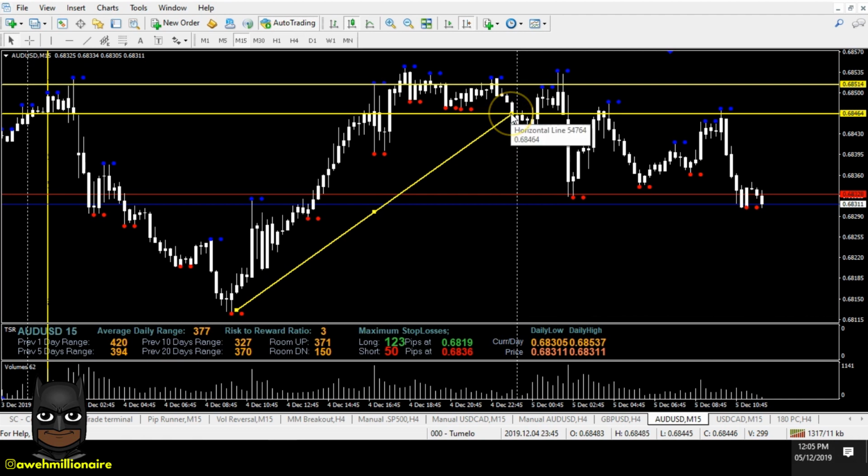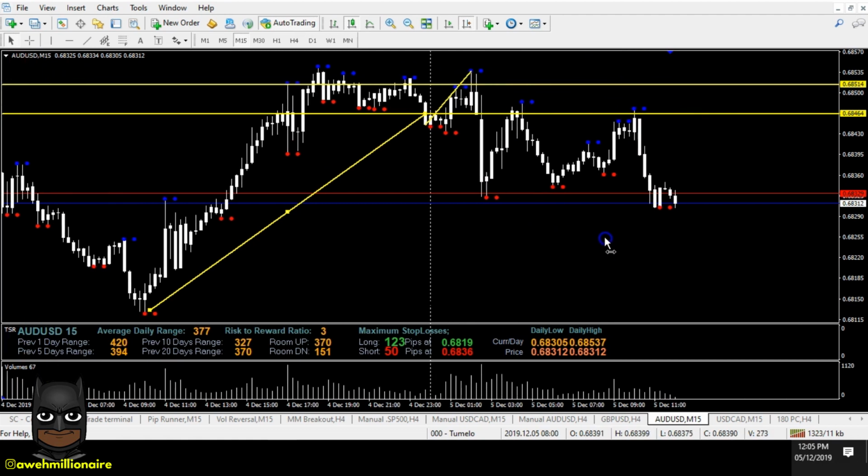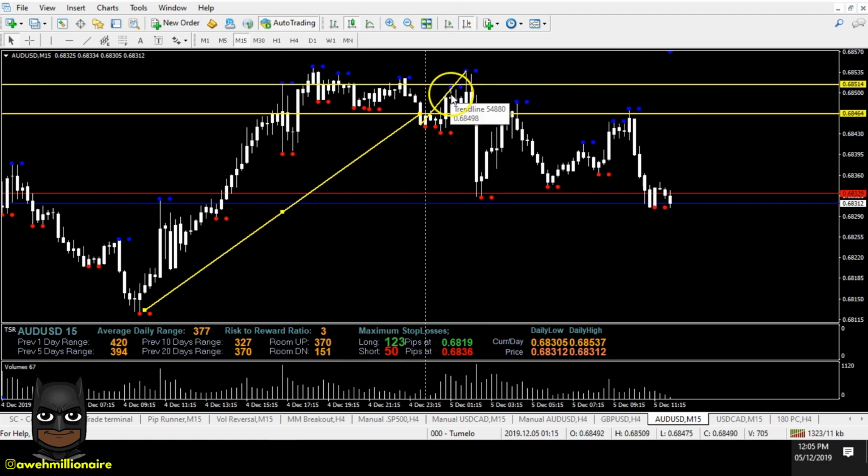Again, you can see here just before the news how price tested both the supply levels. Because we're looking to sell here, for your entry and your stop loss, we look at the most recent fractal high and the most recent fractal low.